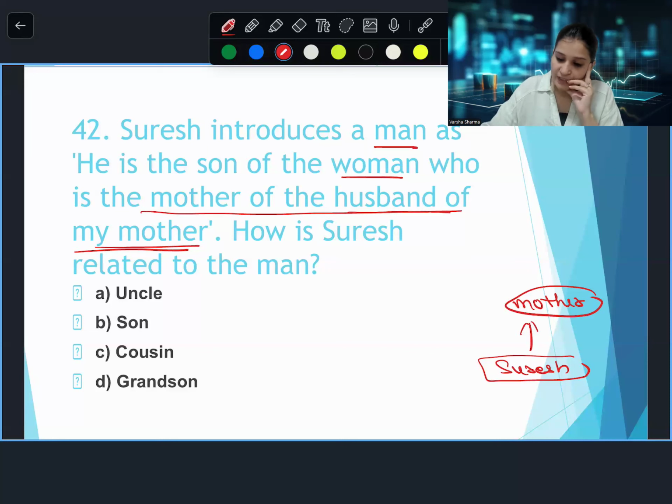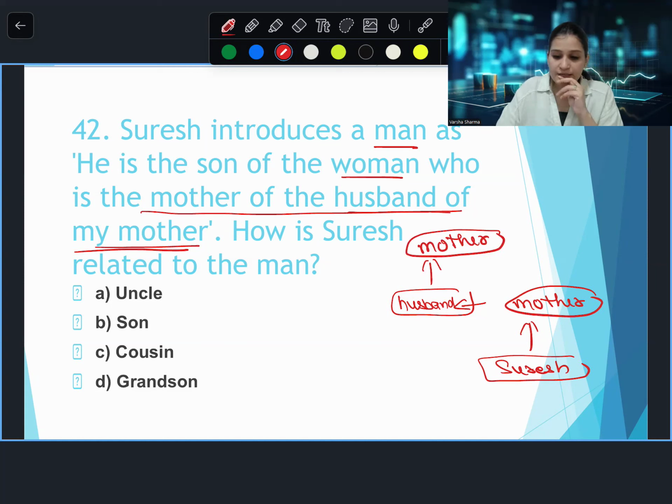Backwards, right? Husband. That means the father of Suresh. Yes, ma'am. Mother. So we have reached this woman. This mother is the woman.